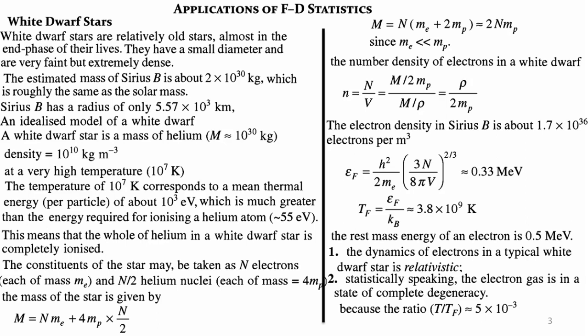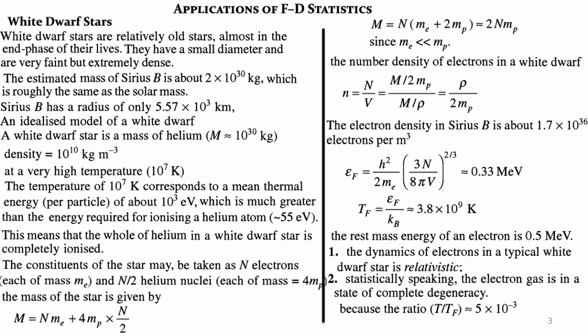The main thing to be noticed here is that it is not close to 1, it's very much less than 1, and that is what makes our system identical to a completely degenerate system, which is something like a Fermi Dirac system at absolute 0 Kelvin.